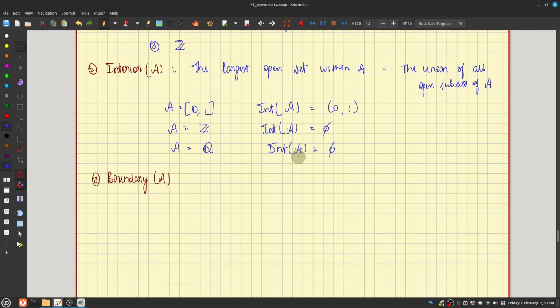But there's another subtle point I want to bring in: just because a set is uncountable doesn't necessarily imply that it has a non-empty interior. For example, let's take the set A of all (x1, x2) in R^2 which satisfy x1 + x2 = 1.